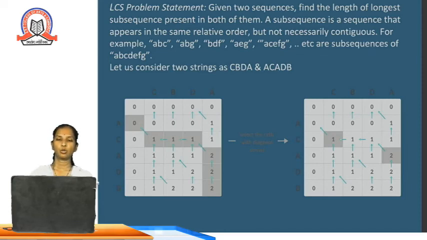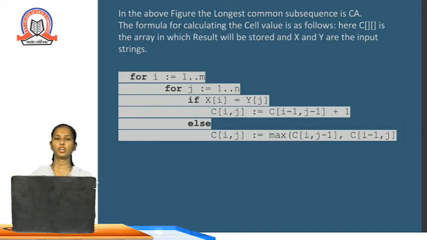Let's see the formula. We have considered the X array as the element where the first list is stored, the Y array as the second list, and then how we calculate C of i j.